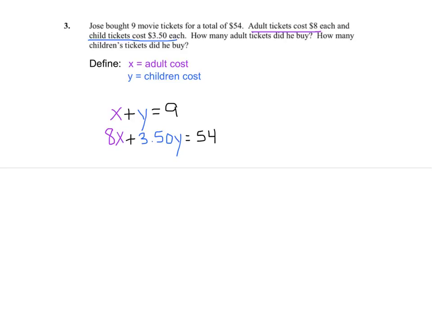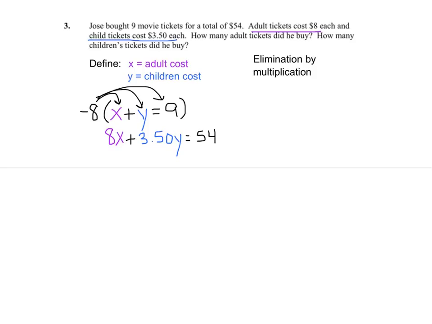And how much does each ticket cost? So what method are we going to use here? Well, we're going to use elimination using multiplication. We're going to turn this into a -8 on the top system. So now we're going to multiply our top equation by -8, and we're going to distribute -8 to each term in the equation.